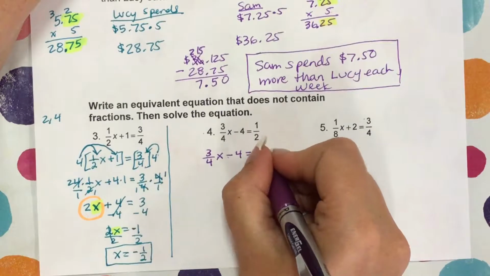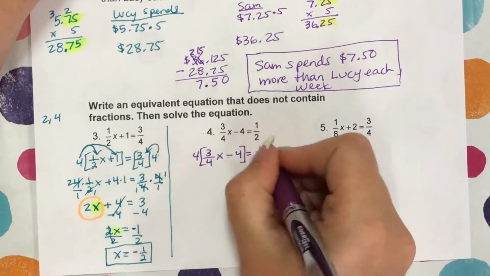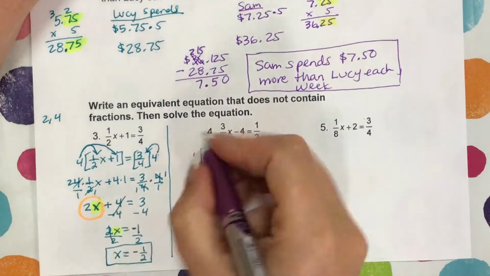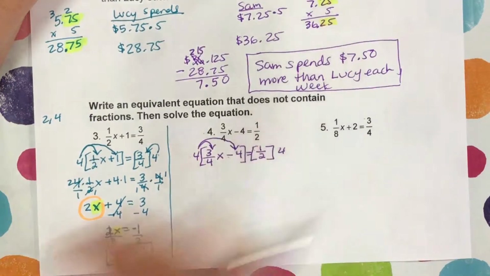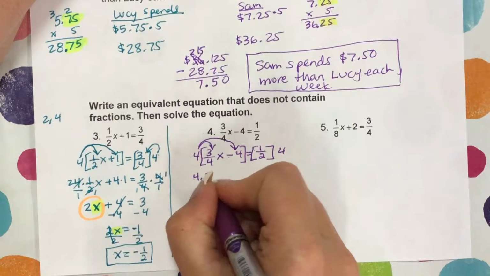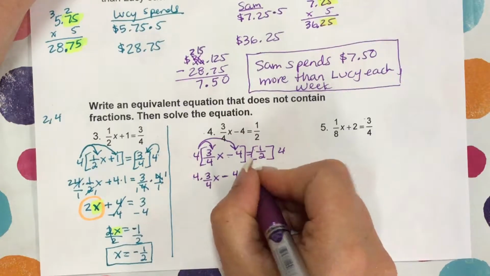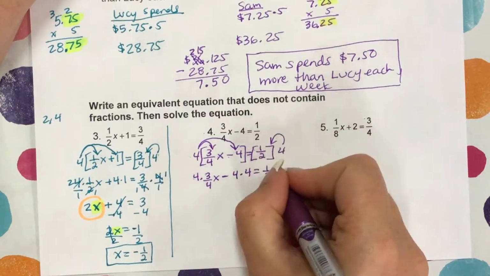So I'm going to rewrite the equation and then multiply everything by 4, both sides. So it's going to be 4 times 3/4 x, and then 4 times a negative 4. So 4 times 3/4 x minus 4 times 4 equals 1/2 times 4.